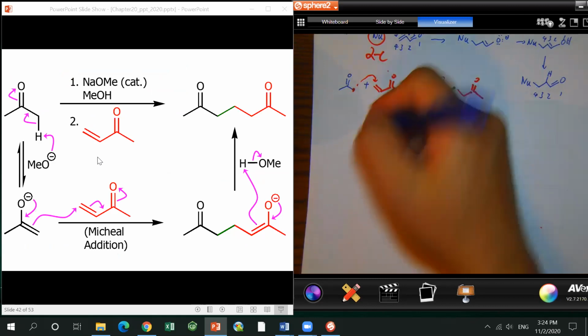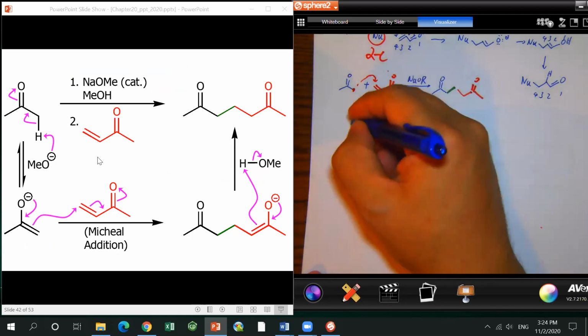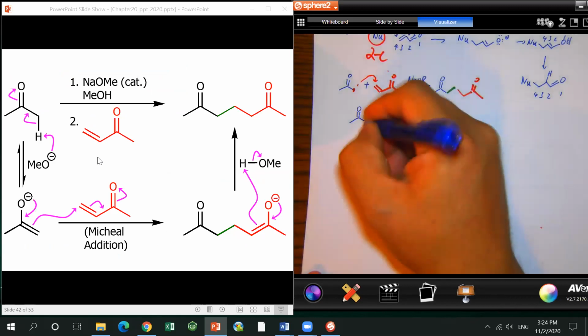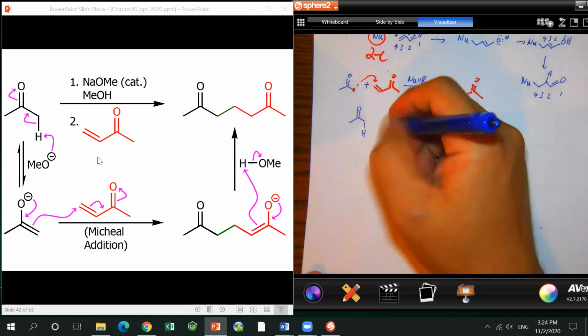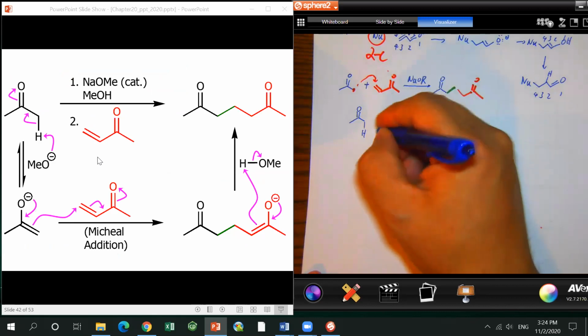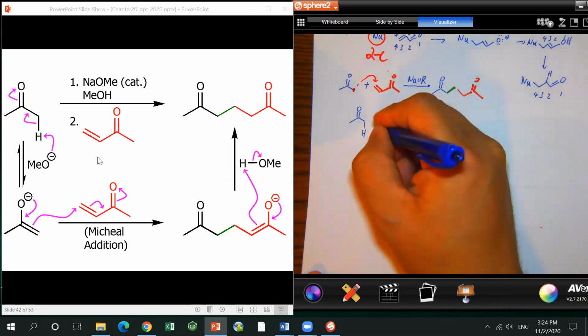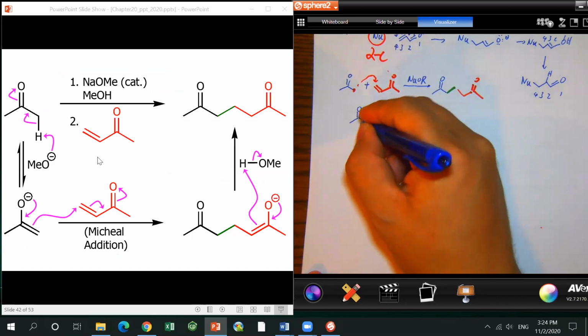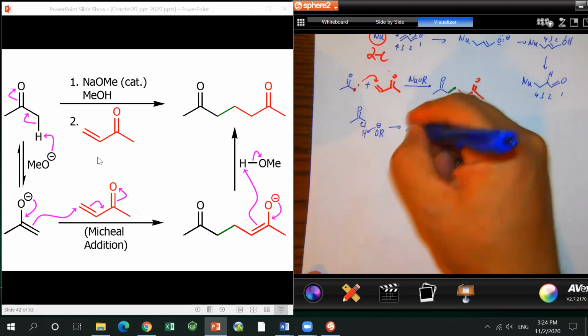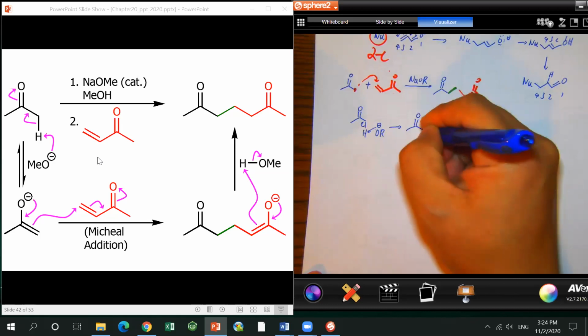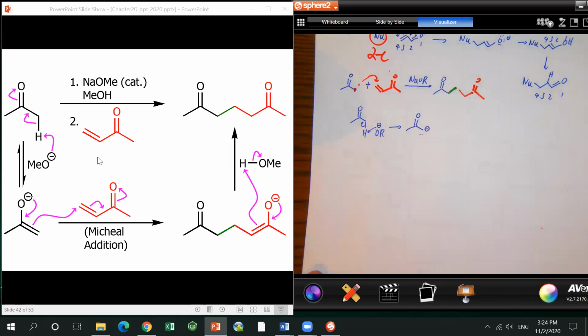It's a little bit different, but the overall should be the same. Some base comes in and picks up the alpha carbon, and then you generate an enolate. You can also draw the enolate similarly. So lose the double bond.